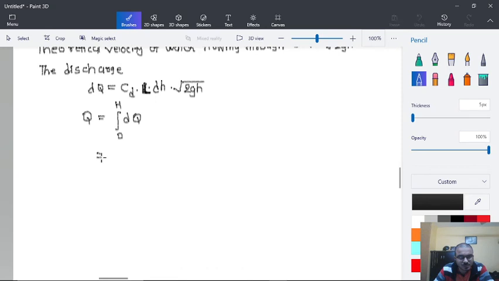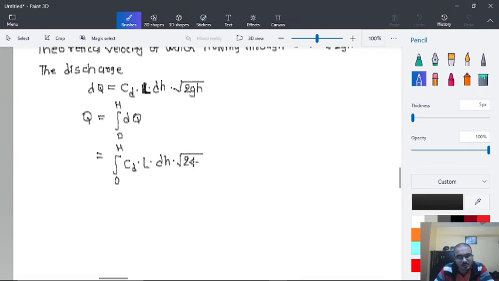Q is equal to integration 0 to h of CD into L dh square root of 2gh.